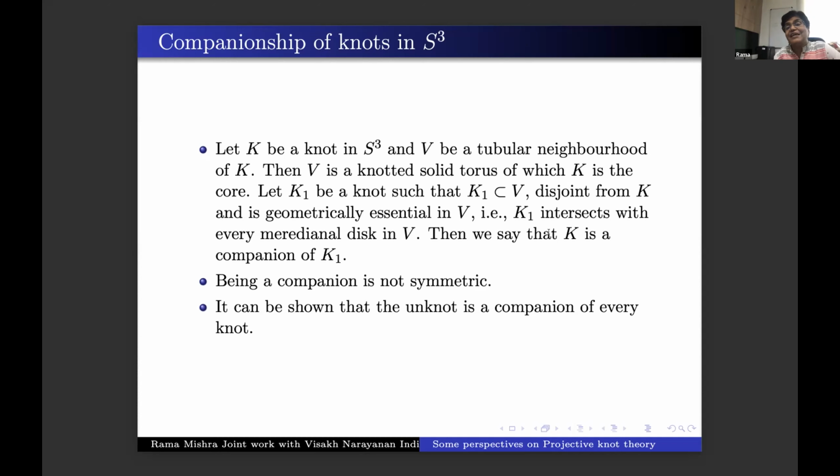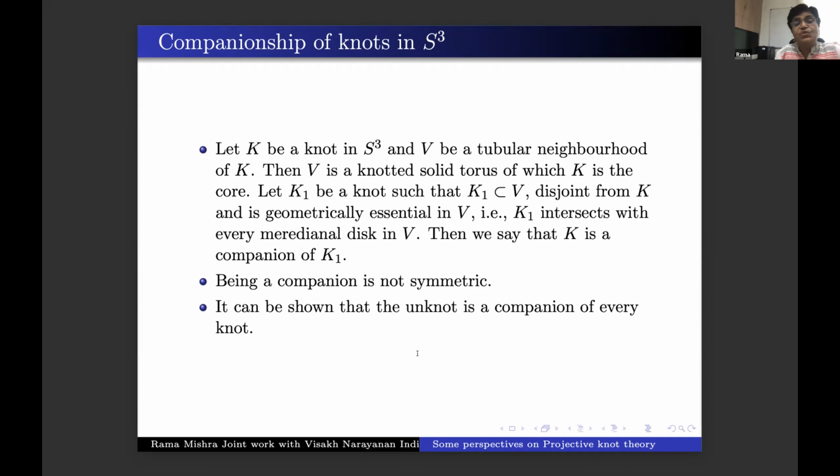So we are not saying K1 is companion to K. The knot whose tubular neighborhood you are taking is companion to the other knot. And it's not symmetric. If K is companion to K1, it's not the same as saying that K1 is companion to K. So one can show that the unknot is a companion of every knot.